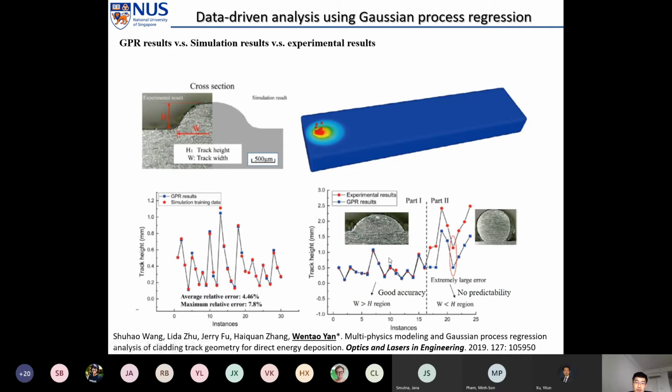And it also agrees pretty well with the experiments. So we almost maintain the same accuracy as multi-physics simulation, but the computation cost is lower than 1 second on a computer.